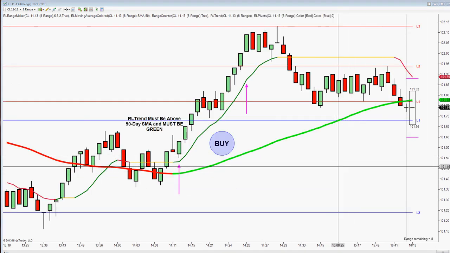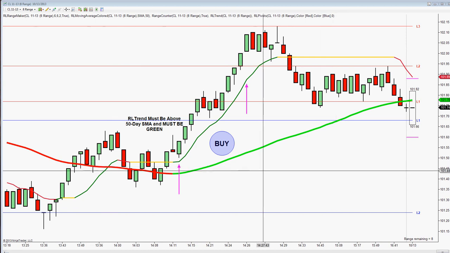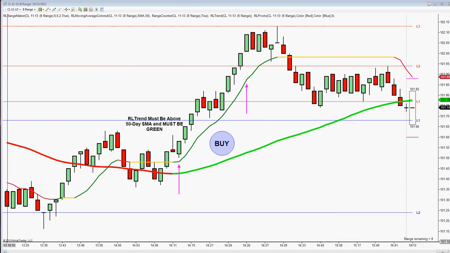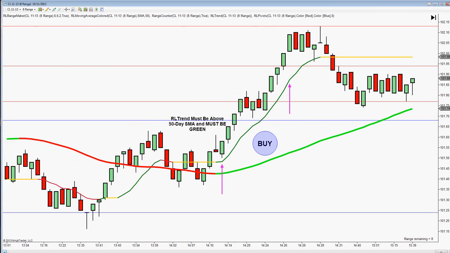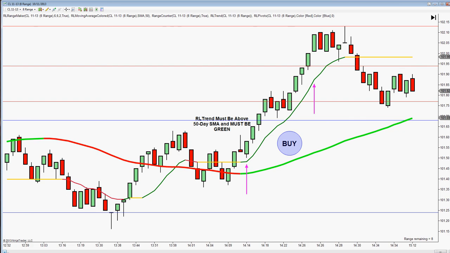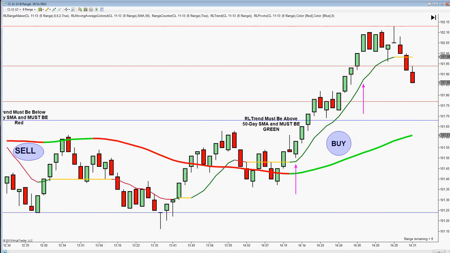Now I've added in an additional indicator, and it's our Right Line Pivots. The Right Line Pivots are calculated automatically, and they're areas in the market where price action has turned previously.